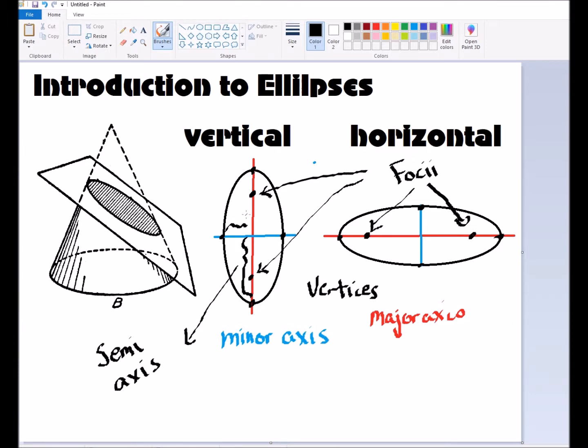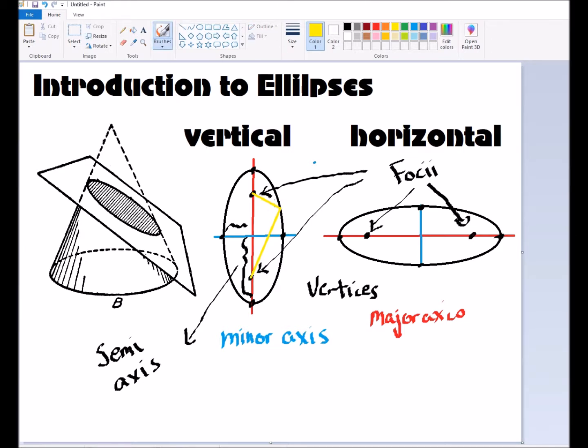The other cool thing is that if you take any line, let's use yellow, and you connect a focus to a point on the ellipse, and then draw another line from that point to the other focus, you end up with a total length that is the same as your major axis. I'll say that again; I'll let you write it down.